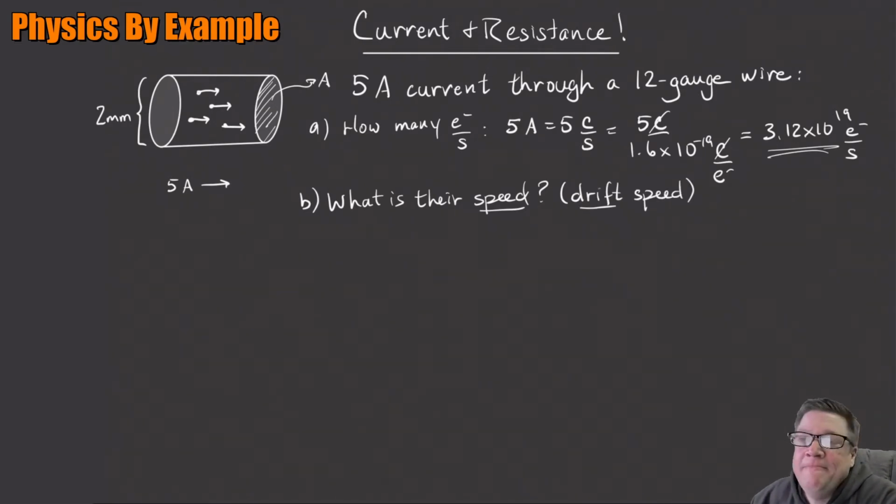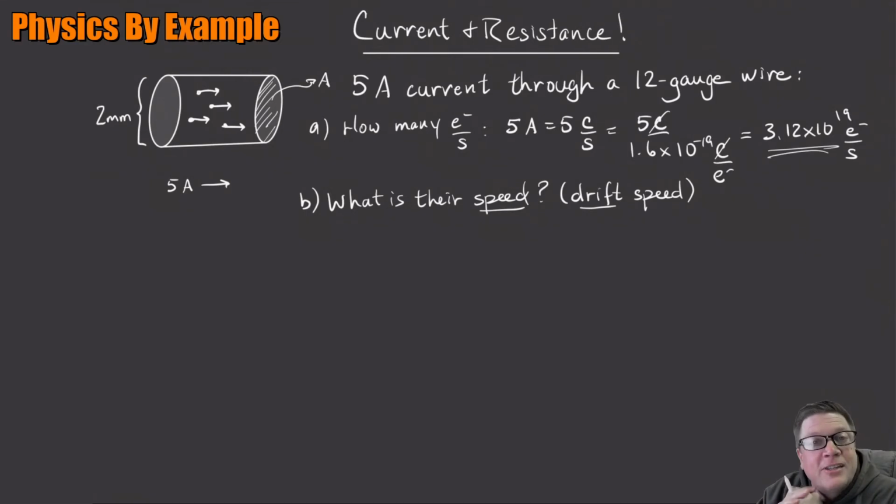By the way, in the books, you'll see this called drift speed. The reason it's called that, as opposed to just plain old speed, is because these electrons are more or less free inside the metal to roam. If you just say speed, what you might be thinking of is their random thermal motion, because the wire is at some temperature, so the copper atoms inside are jiggling back and forth, and they're knocking these electrons around.